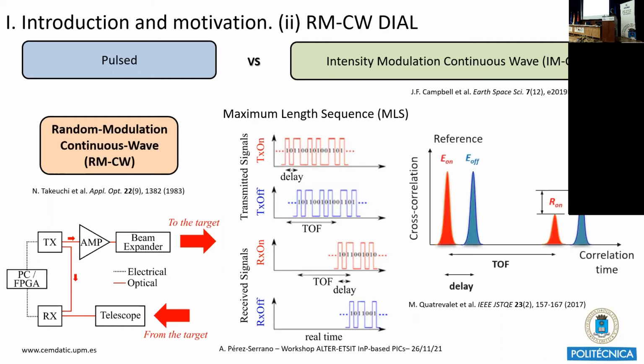Then, using the correlation properties of these sequences, we can obtain a correlation like this with several peaks: these two peaks correspond to the transmitted signals, and these two correspond to the received signals. In this way, we can measure the different absorption that the signals have suffered, and also the time of flight, that is the distance between the system and the target.